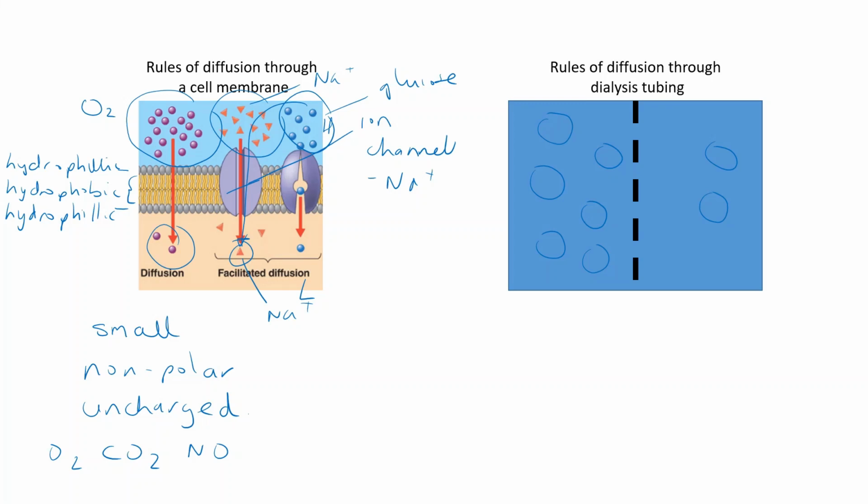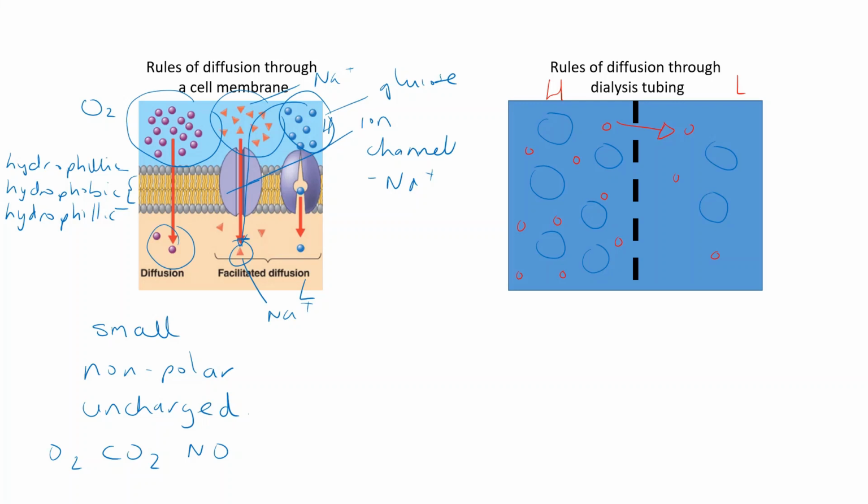However, if you have another molecule within a solution like this, that's small and in high concentration here on the left and in low concentration here on the right, then because these molecules can pass through the membrane, through the holes, and there's a concentration gradient, they will move from high to low, just like normal diffusion.